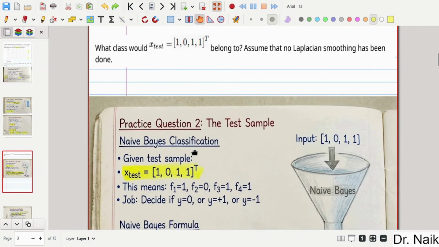So what class would x test equal to (1, 0, 1, 1) transpose belong to? Assume that no Laplacian smoothing has been done.